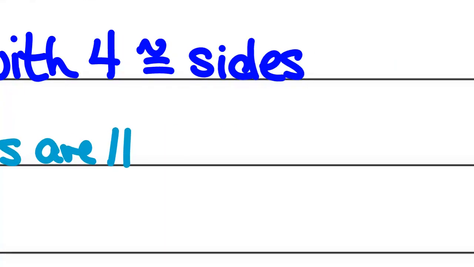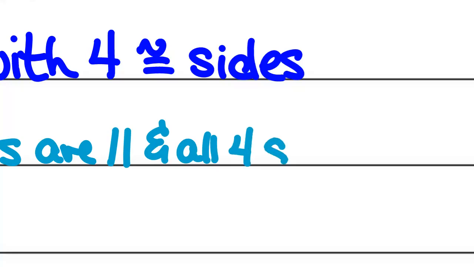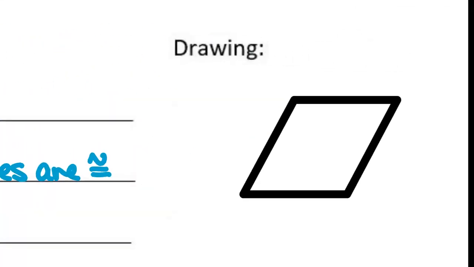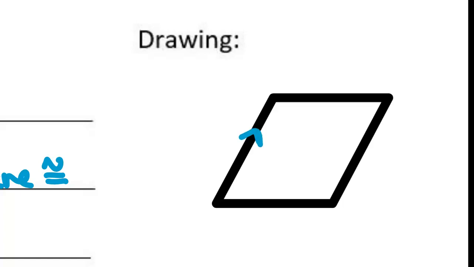And all 4 sides are congruent. So the left is parallel to the right. The top is parallel to the bottom. But then I put 1 congruence mark on every single side because all 4 sides are congruent to each other.